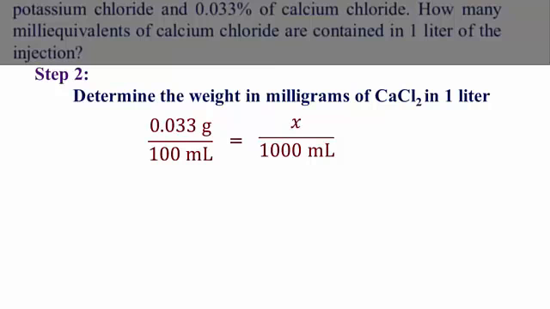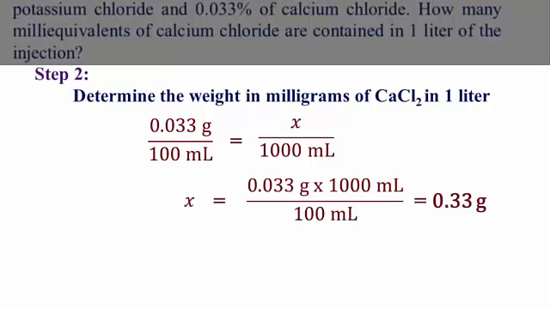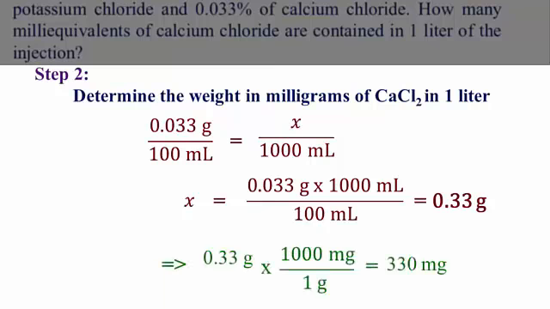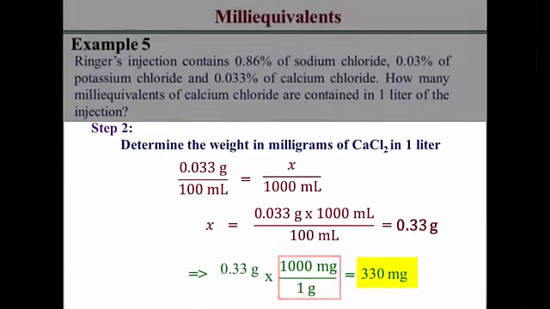And then we can determine the quantity that we need. So when we do determine the quantity, it gives us 0.33 grams. But we need the weight in milligrams. So we multiply that by 1,000 milligrams in 1 gram. And we end up with 330 milligrams. Very easily done.